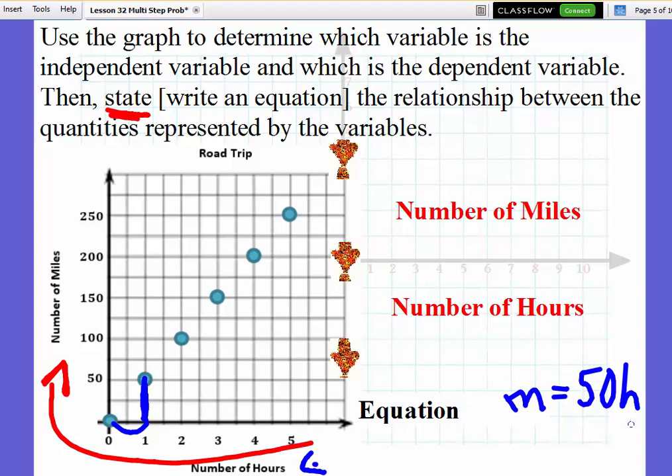When x increases by 1 again, so we go from 1 to 2, it also increased by 50, 100 minus 50. When x increased by another 1 from 2 to 3, your y increased by 50. So that is how we get that coefficient. How much does your y-axis increase when your x increases by 1?